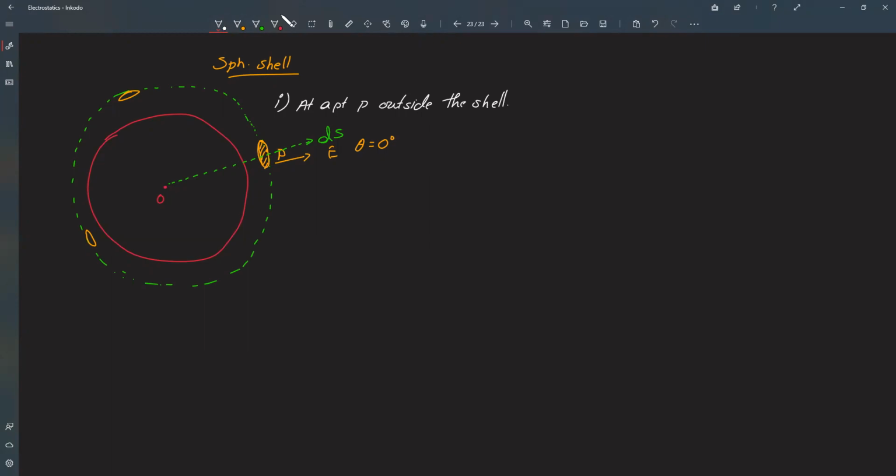Now we just apply Gauss law. The flux phi E will be equal to the surface integral of E dot dS, and we know that this is equal to q divided by epsilon naught.